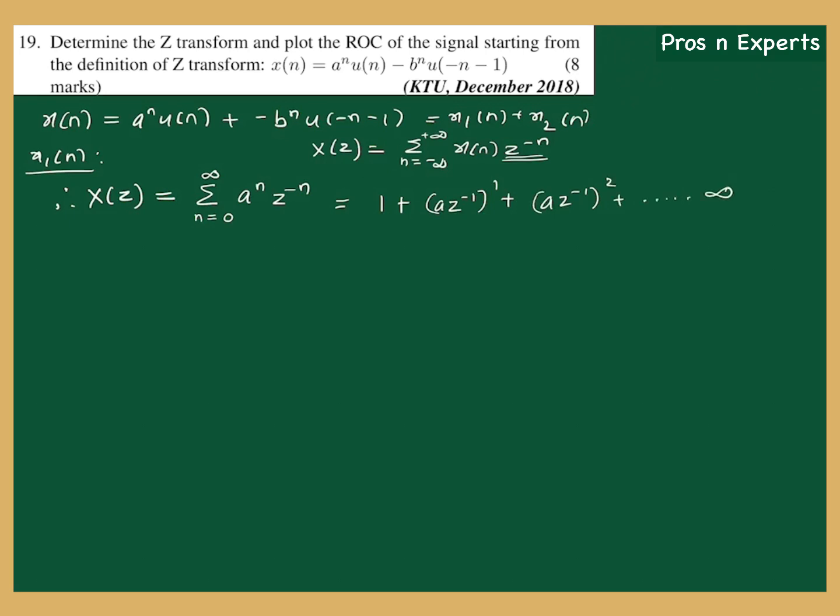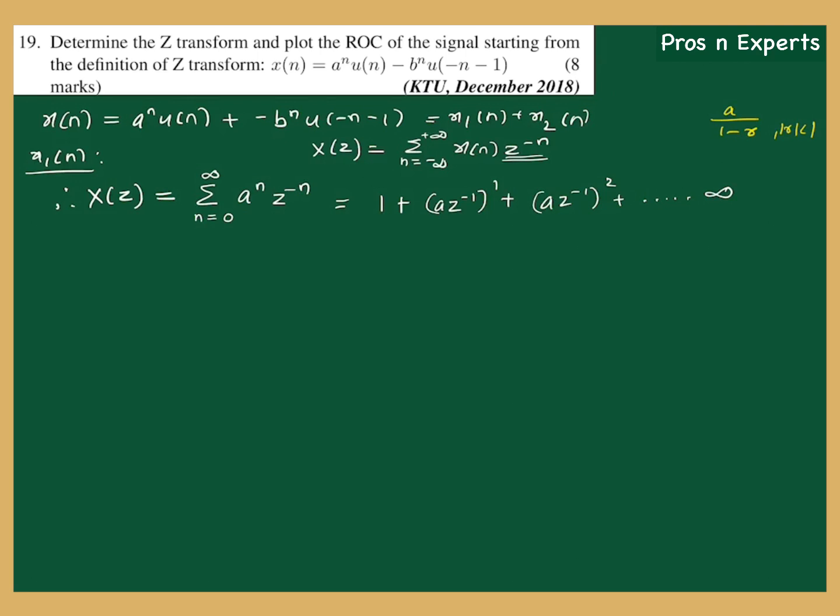This is an infinite sum, and if you observe closely, this is a GP also. So this is an infinite GP whose sum is given by a by 1 minus r, provided mod r is less than 1, the common ratio should be less than 1, right?